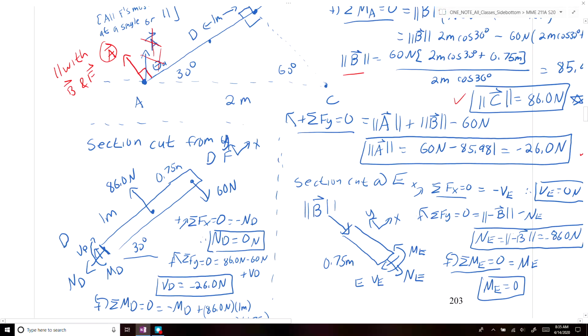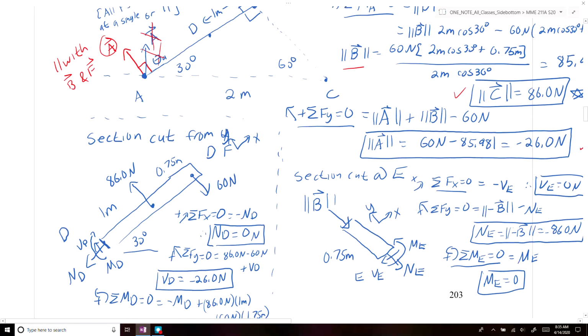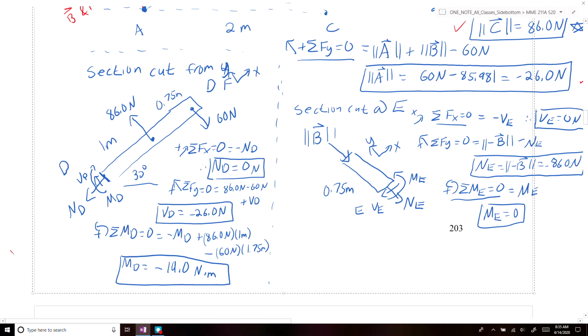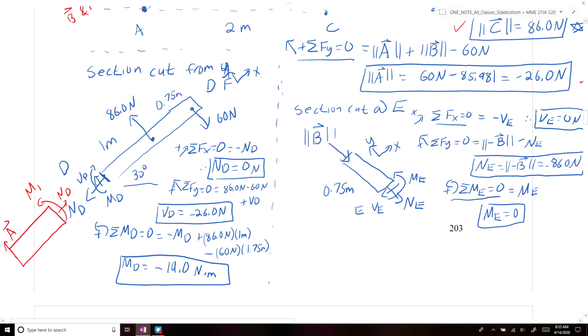So we took a section cut from point D to point F. You could have also taken a section cut from point A to point D. You would have just had to include your applied force here, and then you would have had equal and opposite internal forces at point D.